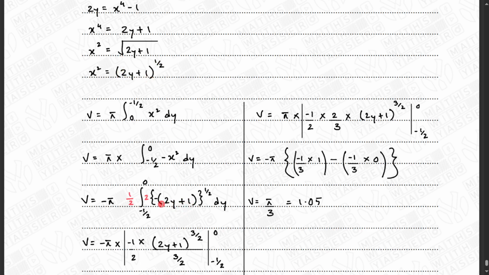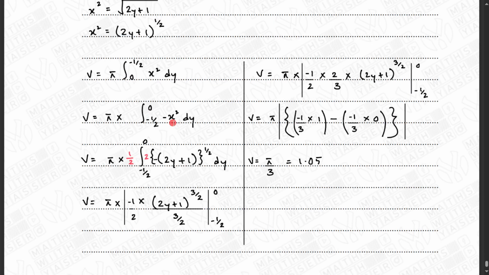So (2y plus 1) to the power half. For this, we have power as the operator. So minus x squared is minus (2y plus 1) within brackets to the power half. So power is the operator, so we need to differentiate the elements within the brackets, and that gives us 2.